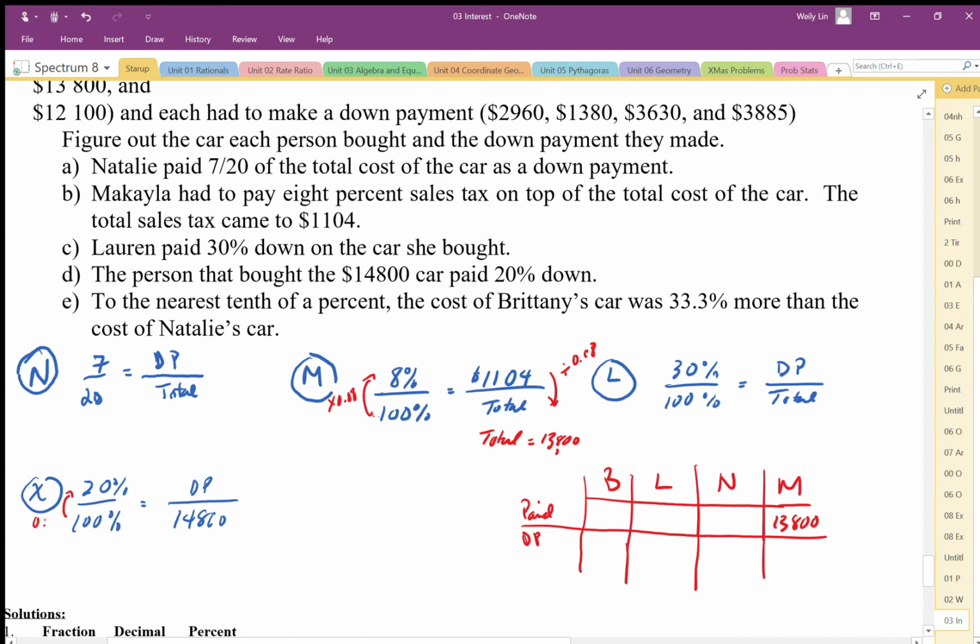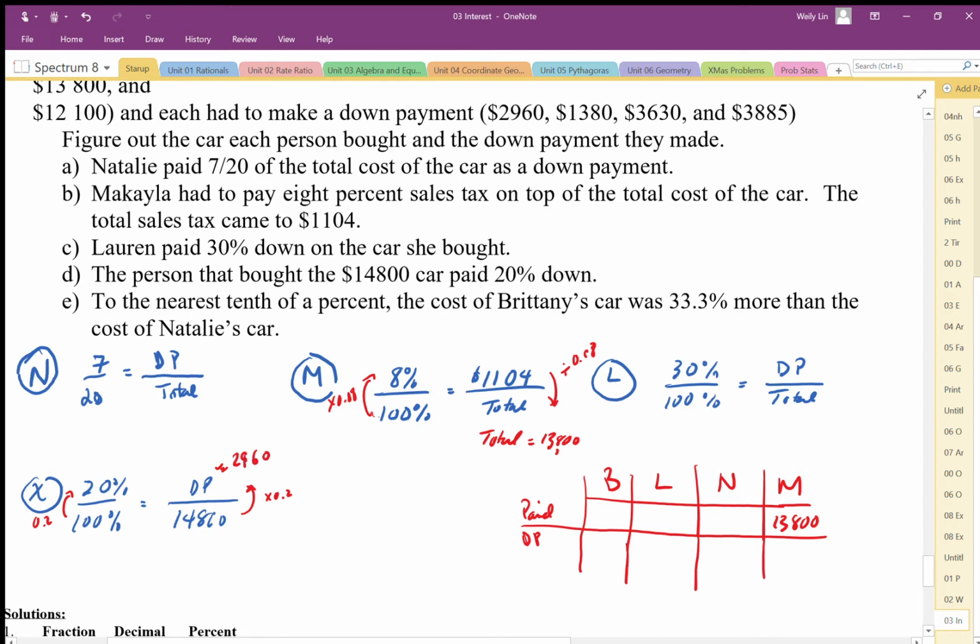So this is going to be times 0.2. The down payment here worked out to be 14,800 times 0.2, which is $2,960. We know that those go together.